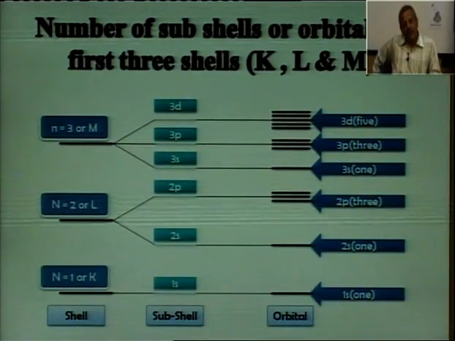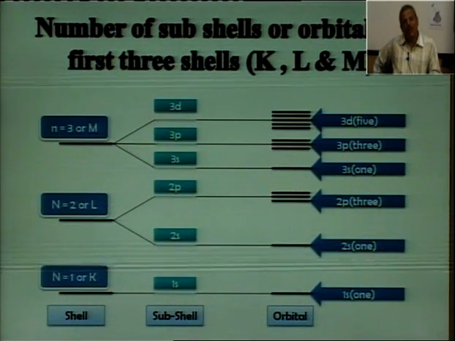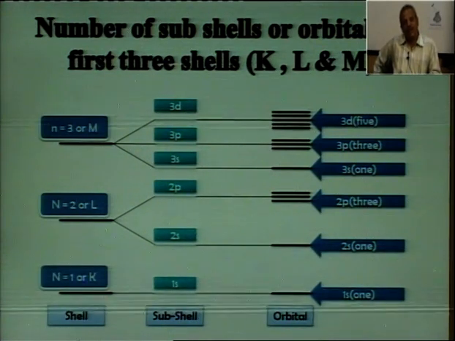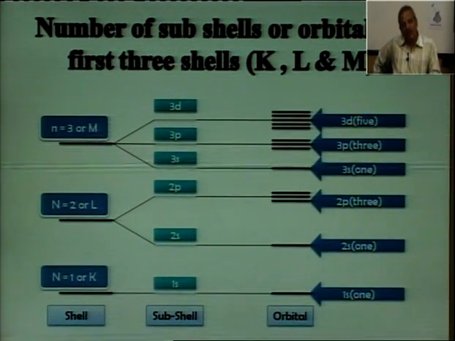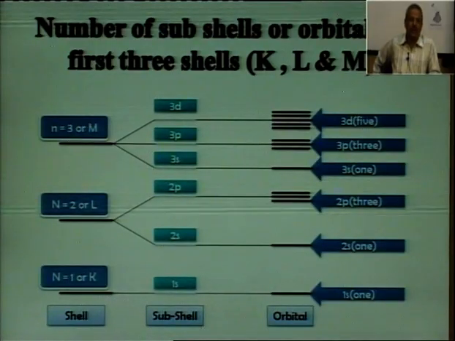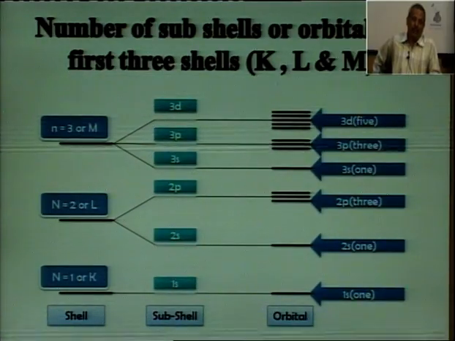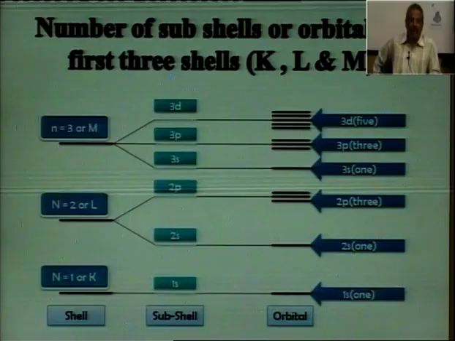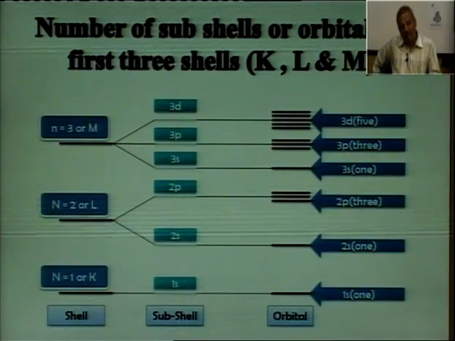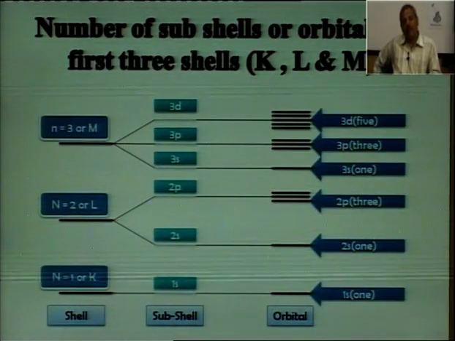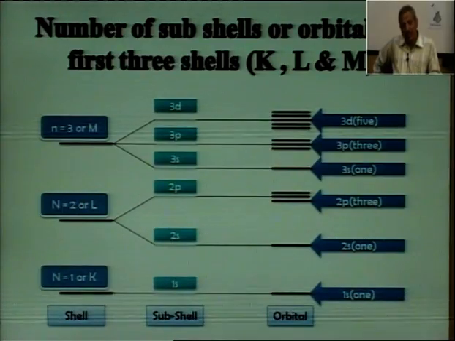If n has the value 3, then the azimuthal quantum number has 3 values, that is 0, 1 and 2. The electron may be present in the s orbital, or in the p orbital, or in the 3d orbital.